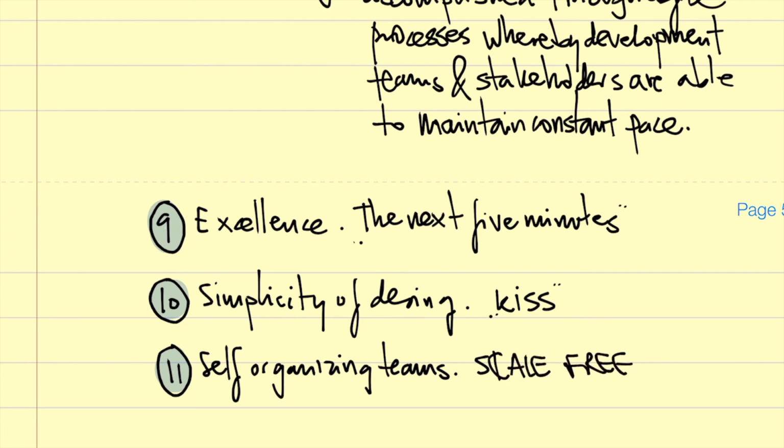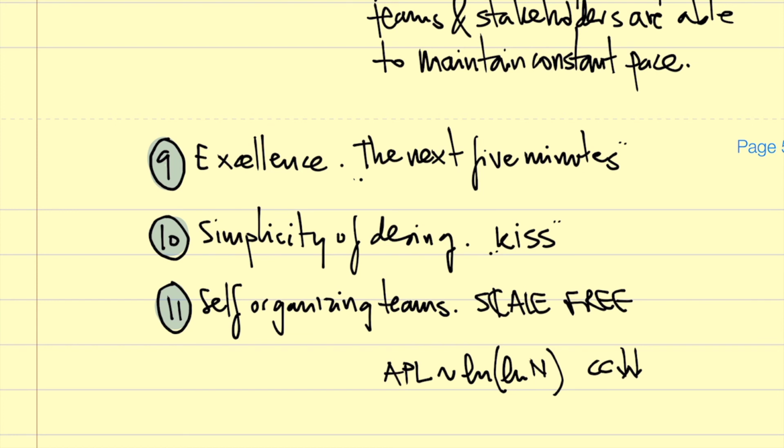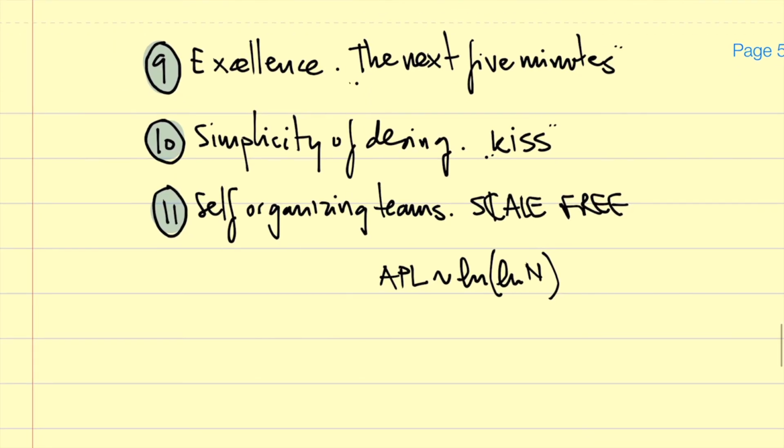How do you get scale-free? With your average path length similar to the logarithm of n, and a very high clustering coefficient. Those are the conditions. Okay. And the last one, we will talk about that next week.